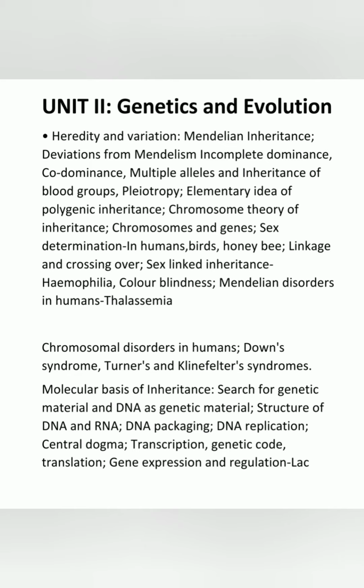So hereditary and variation, Mendelian inheritance, deviation from Mendelism, incomplete dominance, codominance, multiple alleles and inheritance of blood group, pleiotropy, elementary idea of polygenic inheritance, chromosome theory of inheritance, chromosomes and genes, sex determination in humans, birds, honeybee, linkage and crossing over, sex linked inheritance, hemophilia, color blindness, Mendelian disorder in human, thalassemia.